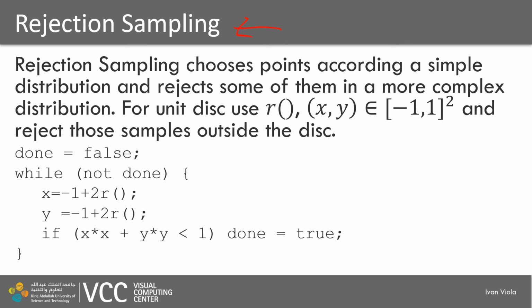complex distribution. So, for example, here we have our canonical random variable given by this function.